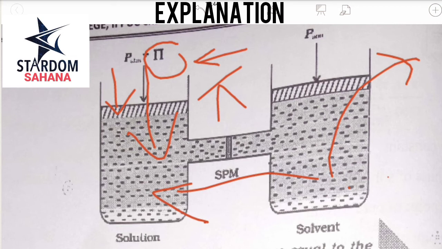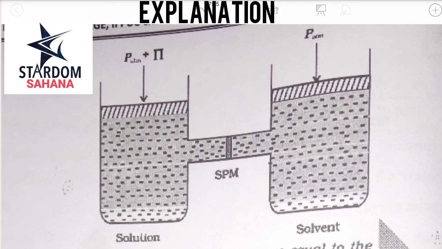This pressure which is applied on the surface of the solution is called osmotic pressure. Osmotic pressure is a simple process where external pressure is applied on the solution to prevent what?